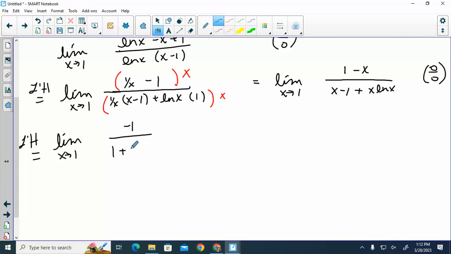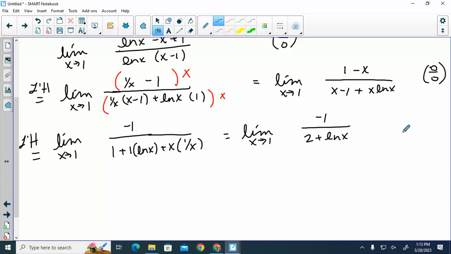So derivative of the first times the second plus the first times derivative of the second. Okay. So on the bottom, x times 1 over x is 1, plus 1 is 2 plus the natural log. So it's negative 1 over 2 plus the natural log of 1 is 0. And we finally get negative 1.